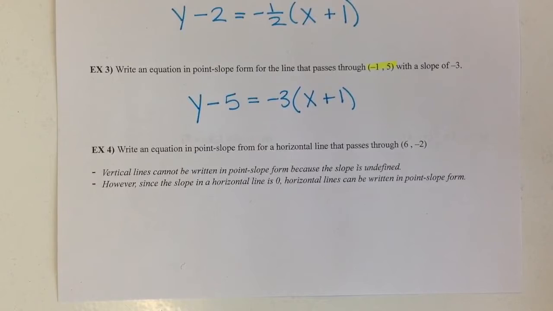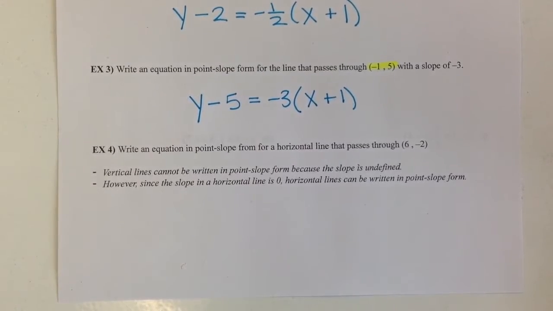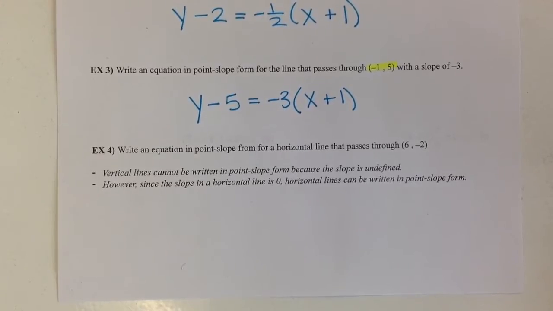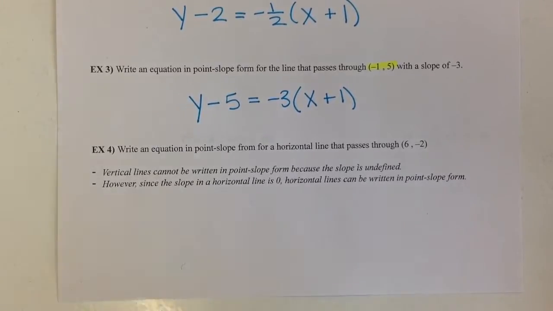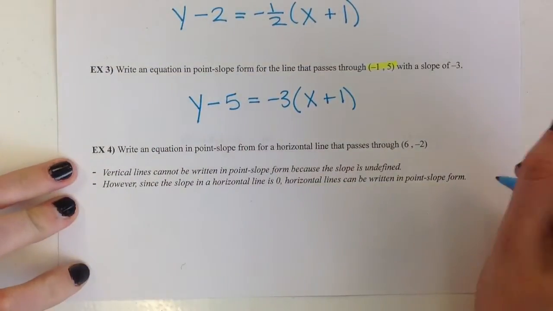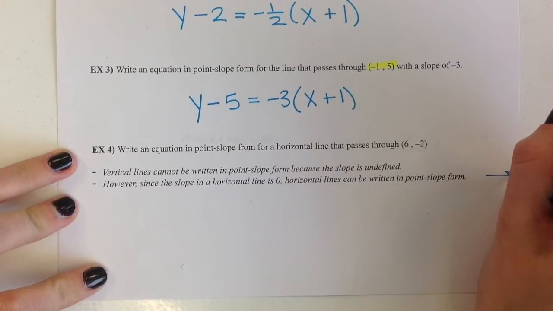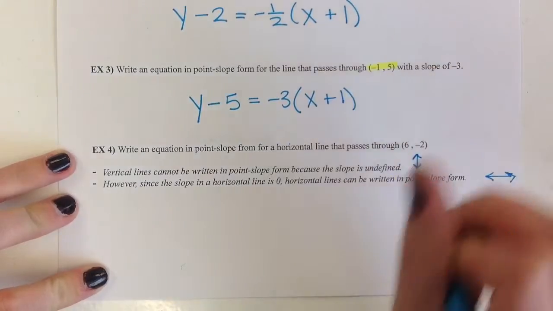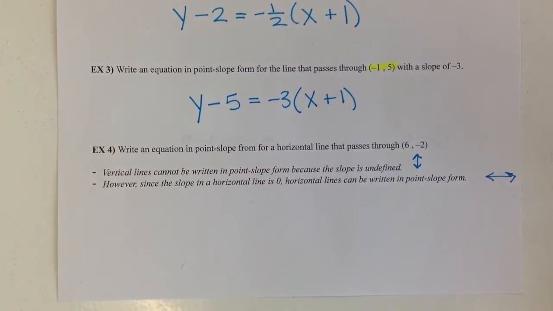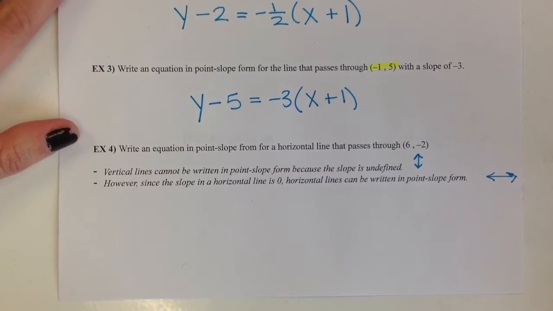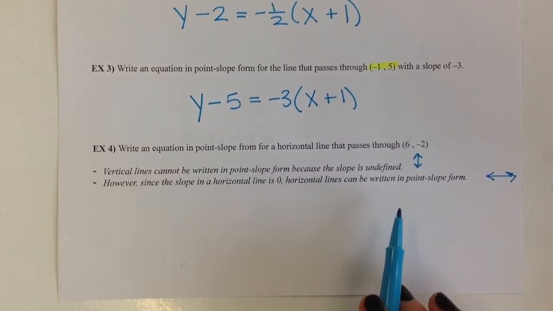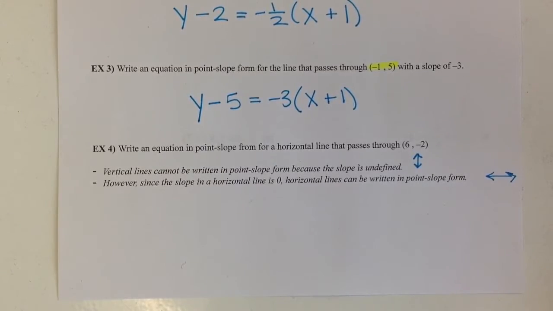Write an equation in point-slope form for a horizontal line that passes through (6, -2). If it's a horizontal line, we know it goes this way, versus vertical, which doesn't have a slope. The slope is undefined because you can't do that with straight up and down. Since the slope in a horizontal line is 0, horizontal lines can be written in point-slope form.